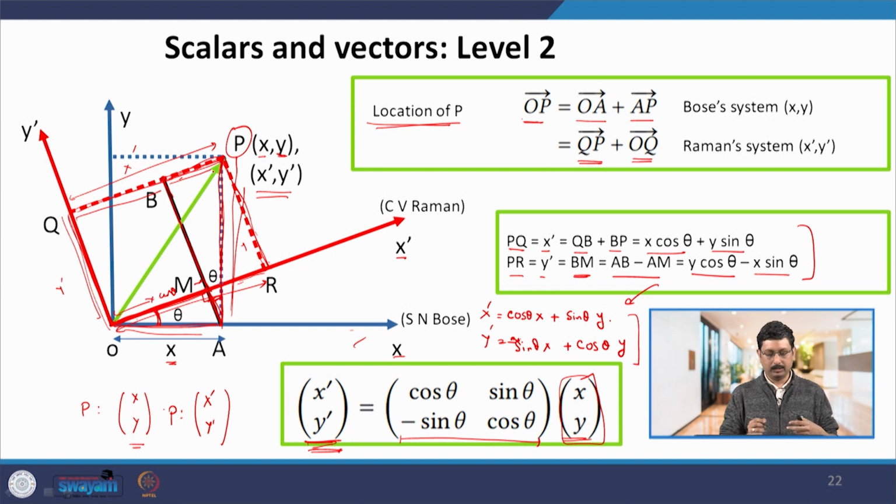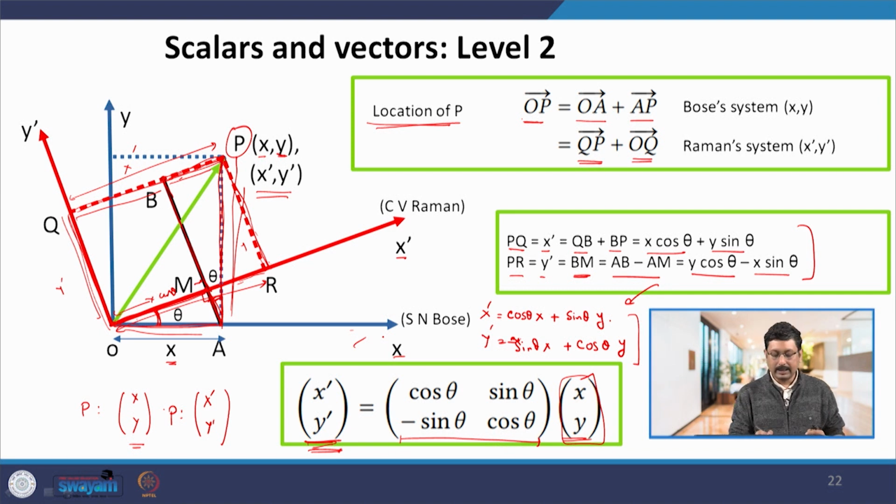then if we take two such set of coordinate system, the coordinates must have some relation from the system, let us say the blue system to red system.